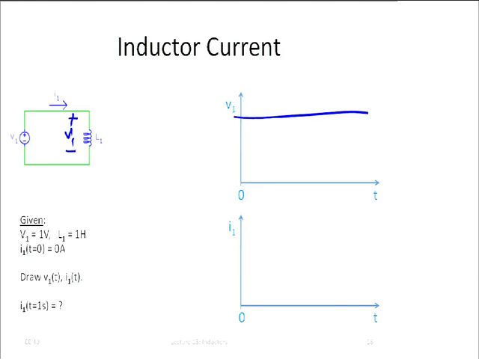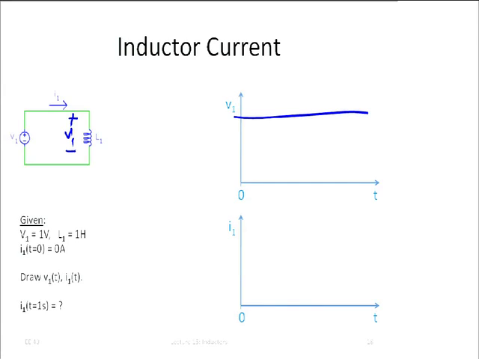Okay, so now we want to know something about the current. What do we need to know? If this was a resistor, what would we start with? What would we write down now? Ohm's law, exactly. So what's Ohm's law for an inductor?